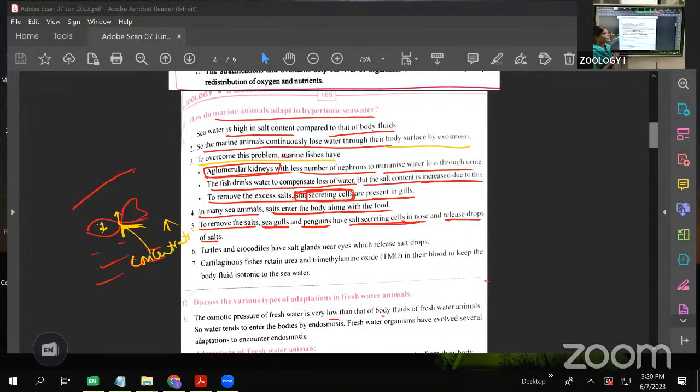In the nose, salt secreting cells release the salt like drops.